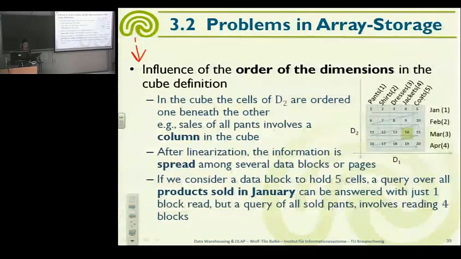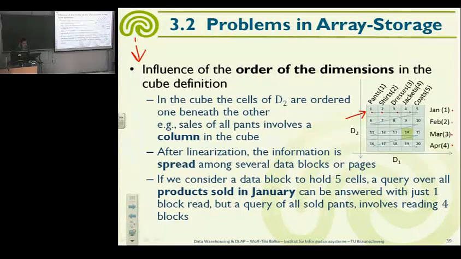For the jackets, for instance, if we're assuming that the block size is 5 pages, and each row is on an entire block, then getting the jackets query, which is how many jackets were sold in all of the years, you would have to read 1, 2, 3, 4. You would have to have 4 block accesses to get that.